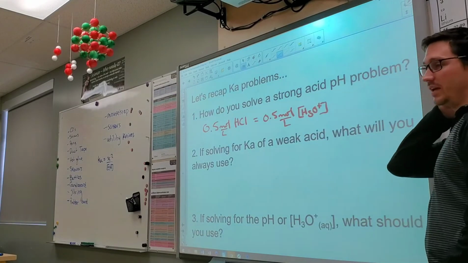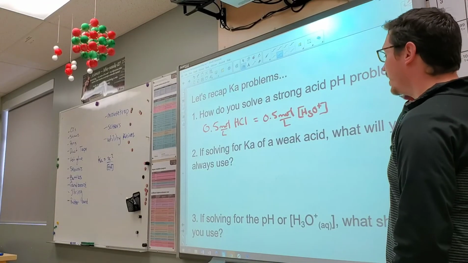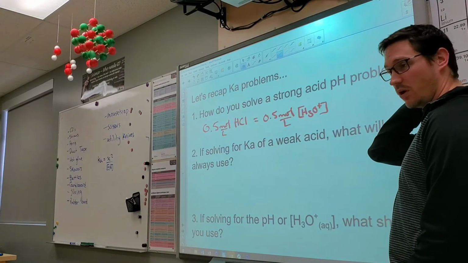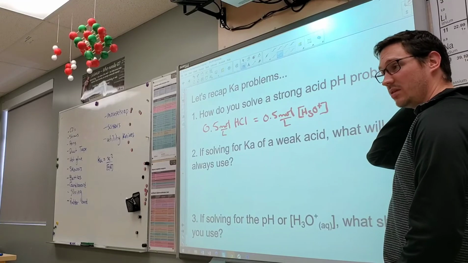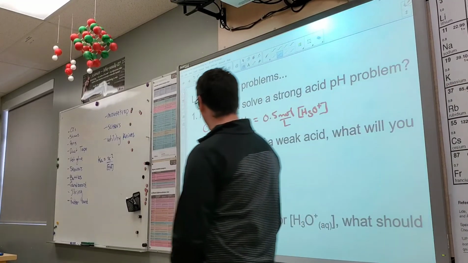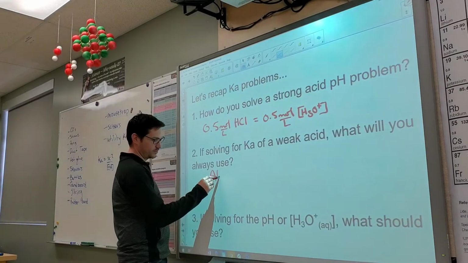If you're solving for the Ka of a weak acid, what will you always have to use? An ice table. You always need an ice table.